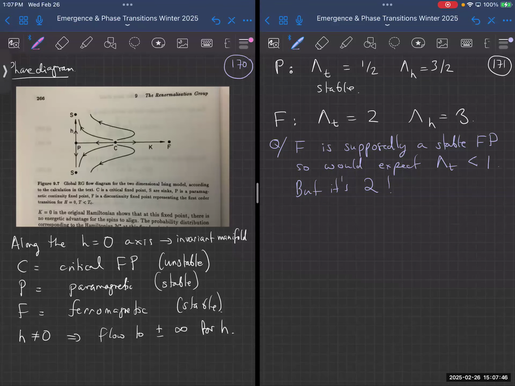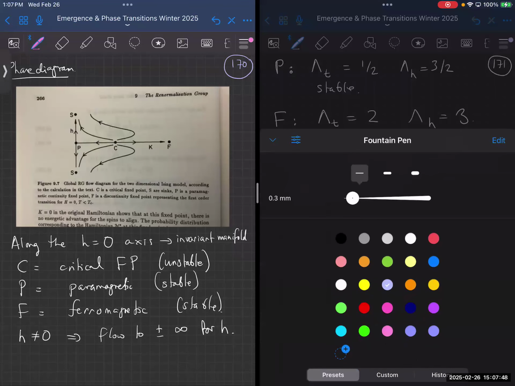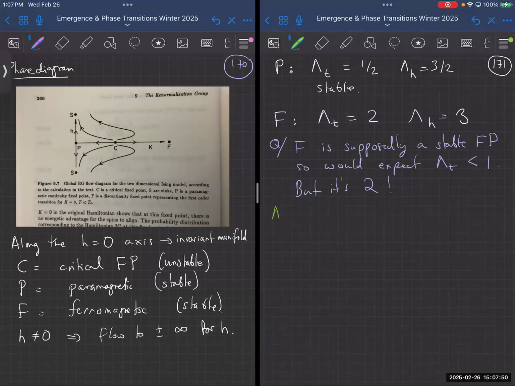So what's going on? The answer to this is an artifact of being at infinity. It's kind of weird when you're at infinity.